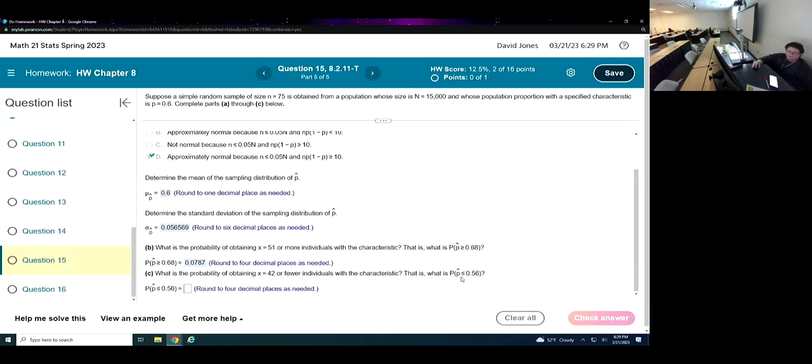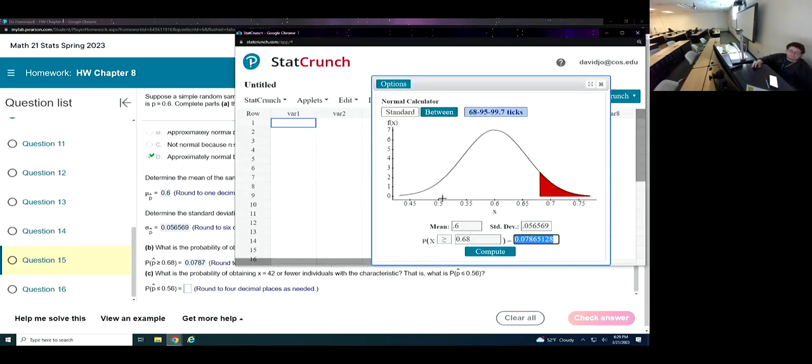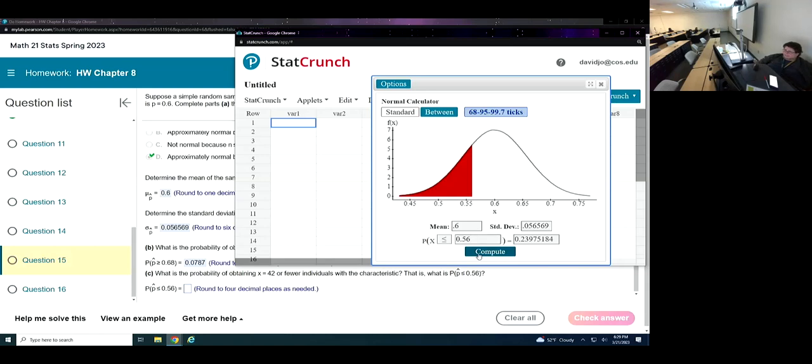Now all they wanted us to do is change the value that we put in. So I'm going to do P hat is less than 0.56. I still have that information up. I just changed this part now. Everything else stays the same. And I get a new value, 0.2397.